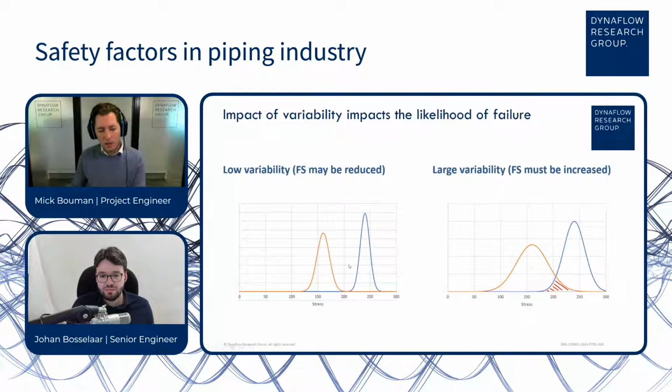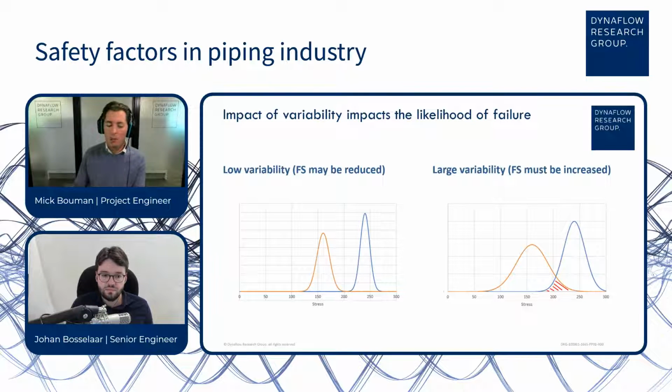So the graphs, or the probability graphs, are impacted by the variations. So variations in properties of the material, or the variations in the input for the calculation, and perhaps also the uncertainty of the calculation itself.